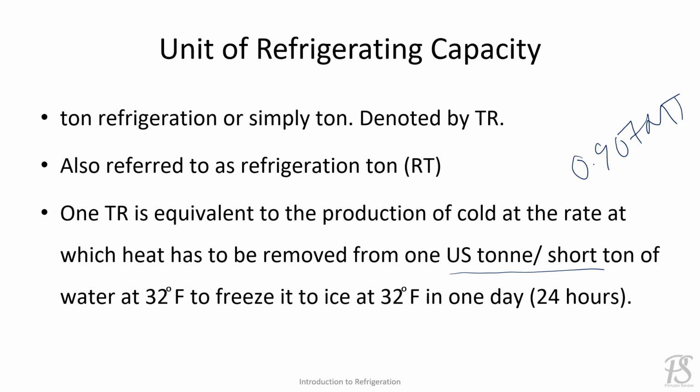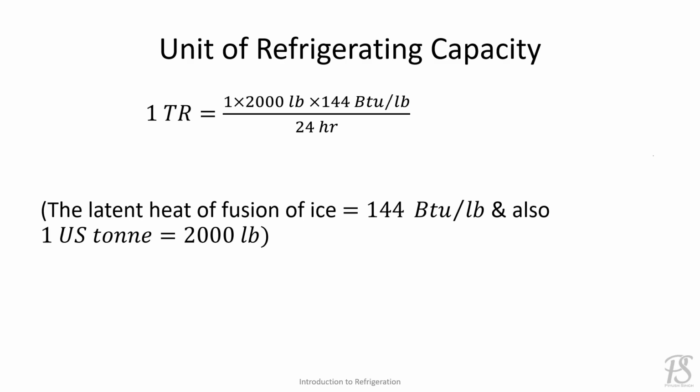To be specific, 1 ton of refrigeration capacity can freeze 1 short ton, which is equivalent to 0.907 metric ton of water at 0 degrees Celsius or 32 degrees Fahrenheit in 24 hours to ice at 0 degrees Celsius or 32 degrees Fahrenheit. The latent heat of fusion of ice is equal to 144 BTU per pound, where BTU is British thermal units.